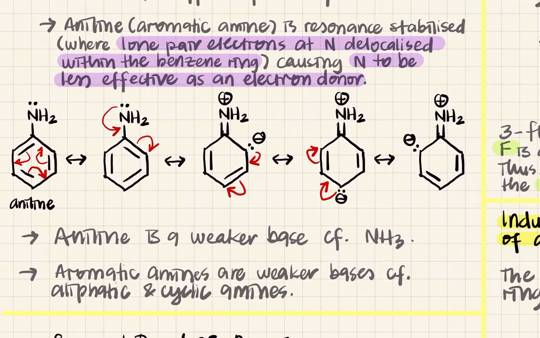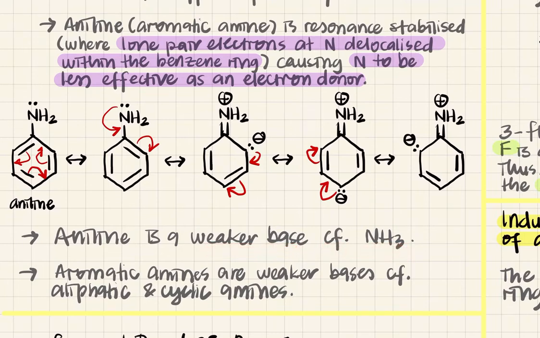So that means that the electron density at nitrogen is decreased in aromatic amines. Okay. So tengok ni, ini kan positive charge kan? So maksudnya dia less basic lah. Okay. It makes your nitrogen a less effective electron donor. So aniline is a weaker base compared to ammonia.